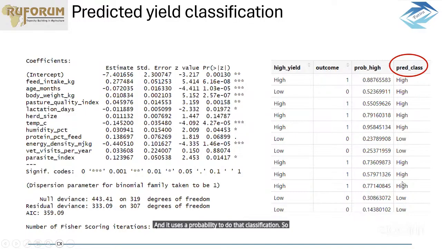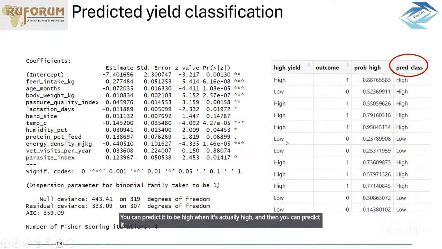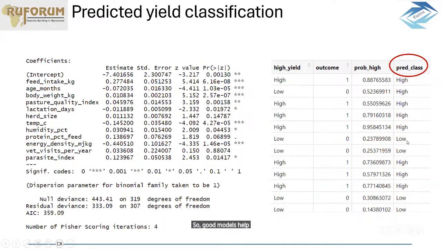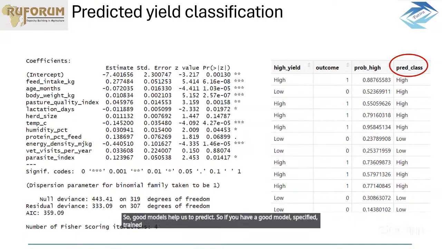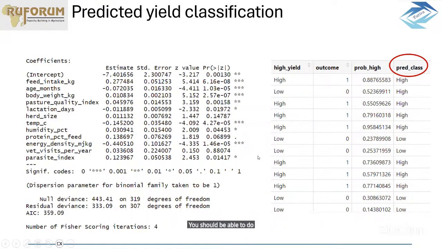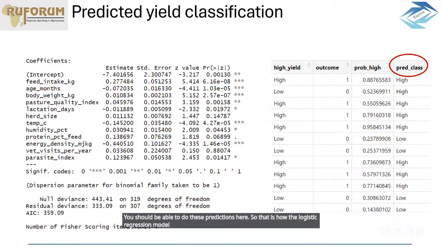So it also means that you can predict a yield to be high when in actual sense it is low. You can predict it to be low when it is high. You can predict it to be high when it's actually high. And then you can predict it, for example, to be low when it's actually low. So good models help us to predict. If you have a good model specified, trained in the right way, you should be able to do these predictions here. So that is how the logistic regression model works.